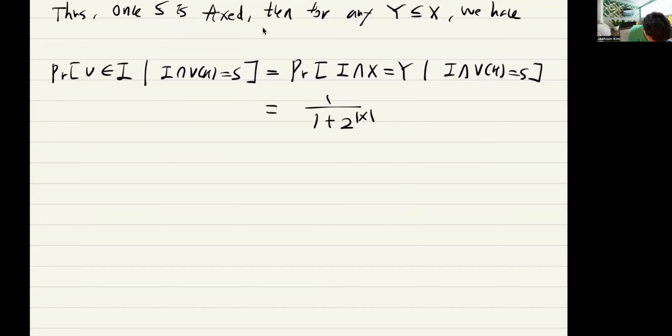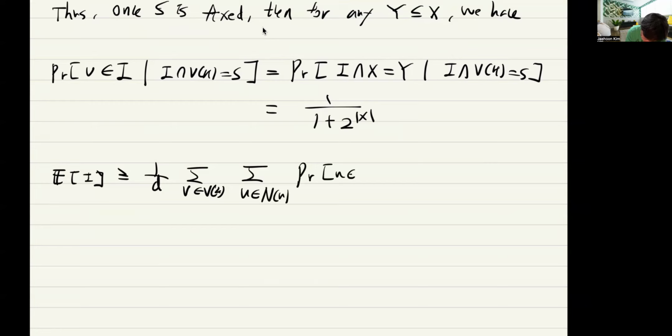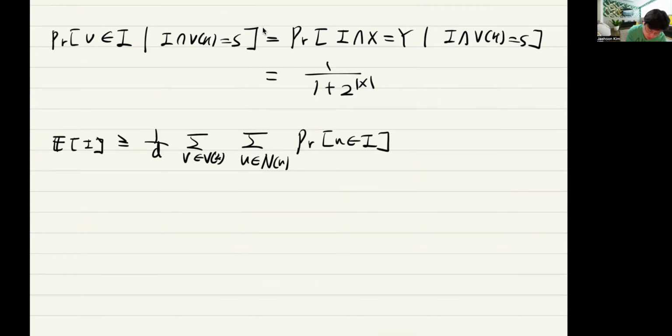So for that, again, as I mentioned, this is at least 1 over d times the sum over B, and over U you consider, and then you consider the probability that U is in I. And what does this become?